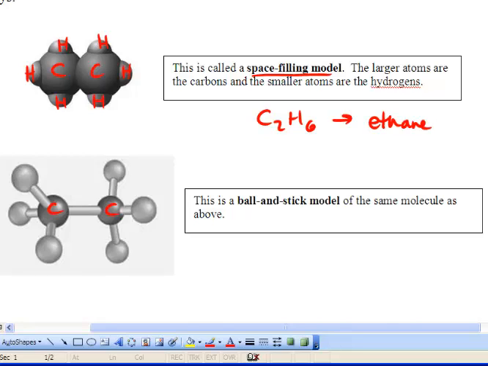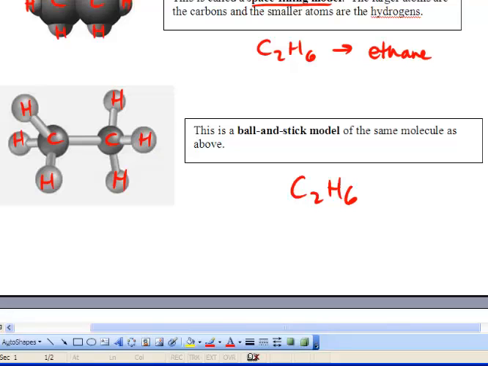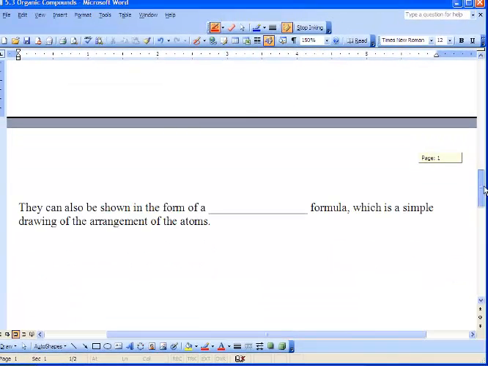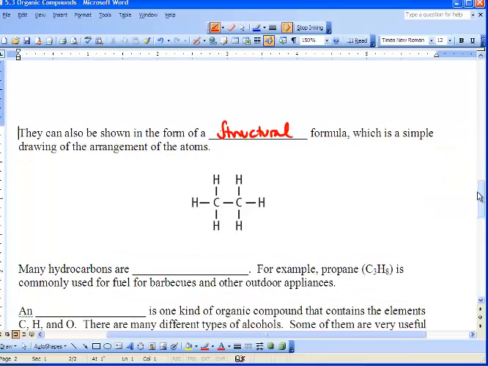So we have our C, and we have our 3 H's on each C. And you'll notice that we also have C2H6, and each element is satisfied. The H's both have 2 electrons in their outer shell because they're sharing them, and the carbons both have 8 electrons in their outer shell. We can also draw in the form of a structural formula, which is a simple way of drawing the arrangement of atoms.